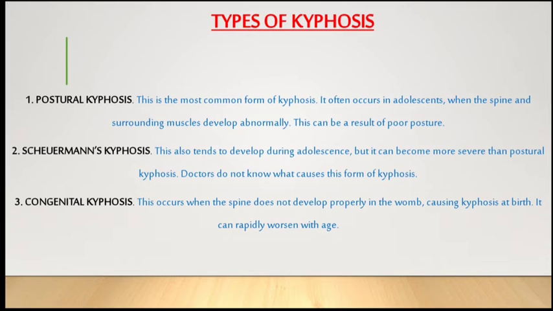In congenital kyphosis, this occurs when the spine does not develop properly in the womb, causing kyphosis at birth. It can rapidly worsen with age. Okay, so basically its origin is with your birth.